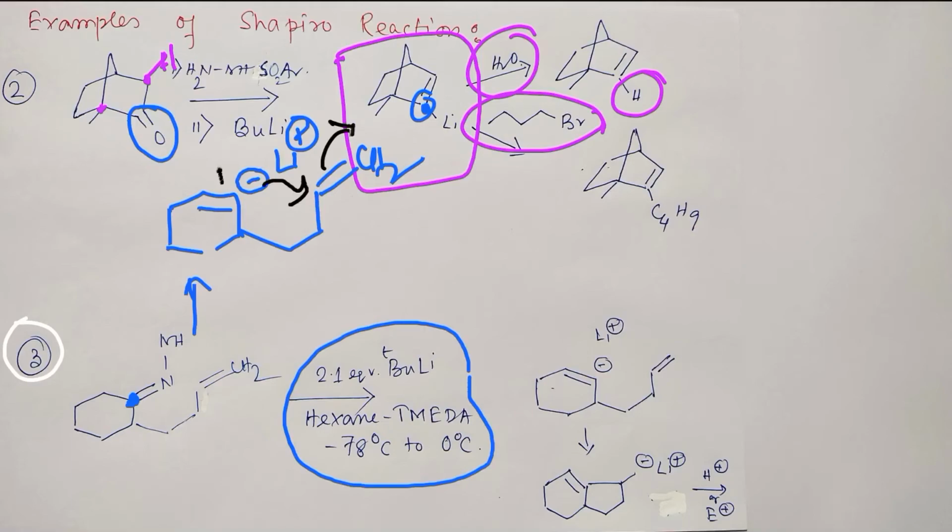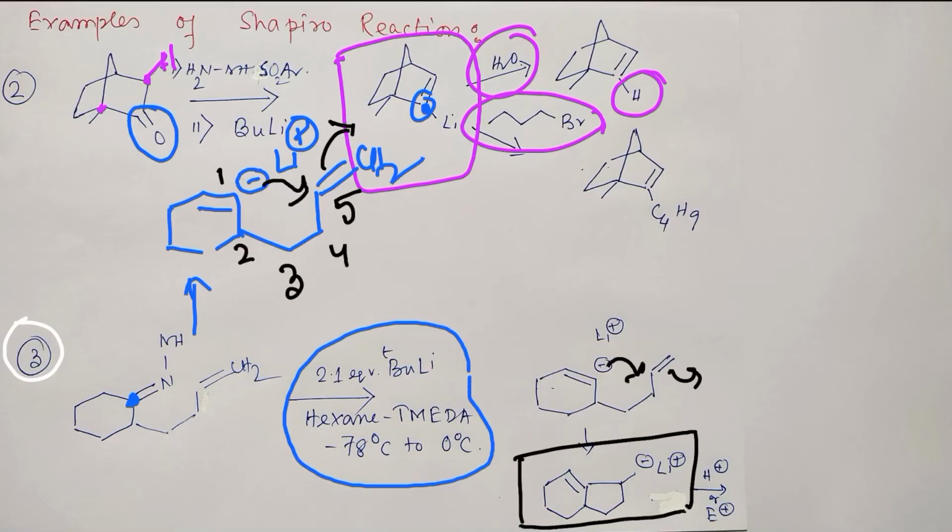Ring number 1, 2, 3, 4, 5, and this CH3 should be out of the ring. So first of all it will attack here, it will open and ultimately result in this compound. Okay, so this is a carbanion, so it can act as both a base and a nucleophile. If you react this with a proton, it will just undergo quenching, and if you react with E plus, let's draw the product of E plus.